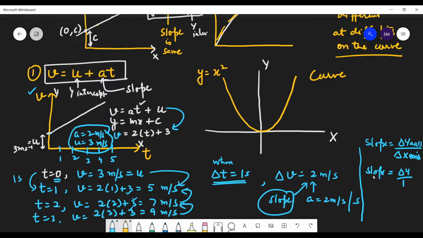So slope always tells you how much the variable on the y-axis changes when we change the variable on the x-axis by 1 unit. So this is what we did yesterday.